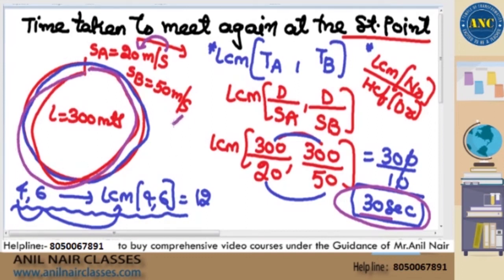In 1 second it is 50 meters, so 30 seconds means 1500 meters. That means B has done 5 rounds. When A completed 2 rounds, B has completed 5 rounds, and they are meeting again at the starting point.